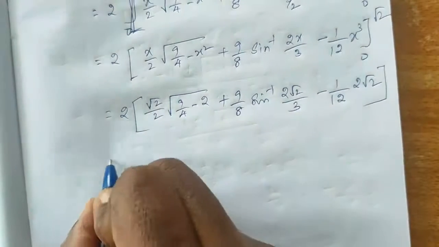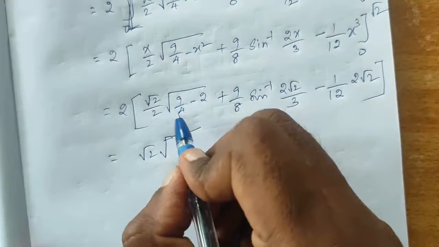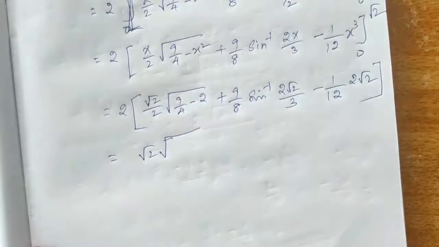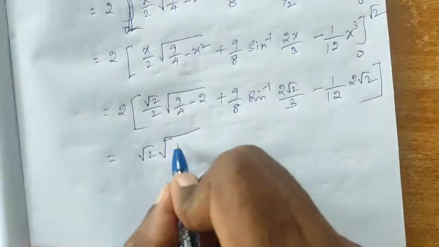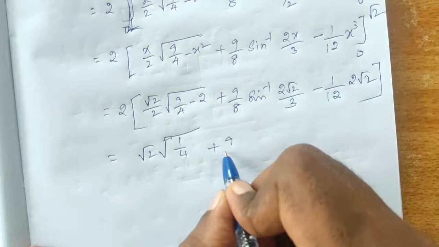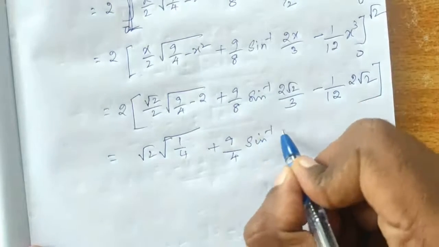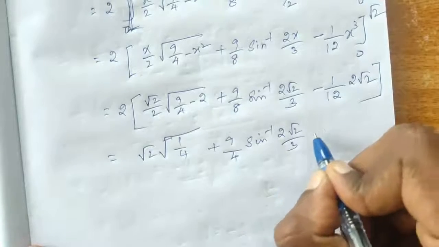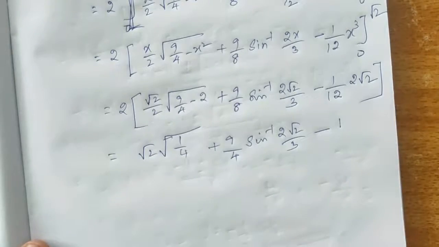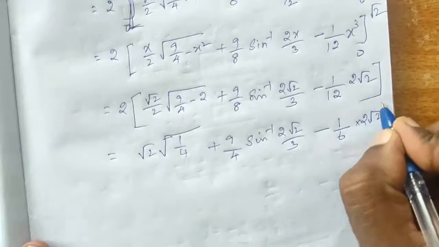So multiply 2 inside, we get root 2 into root of (9 minus 8) 1 by 4, plus 9 by 4. So multiplying by 2, we get cancel. So sin inverse of 2 root 2 by 3 minus 1 by 6 into 2 root 2.